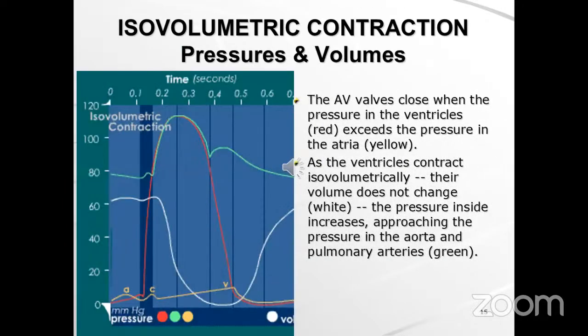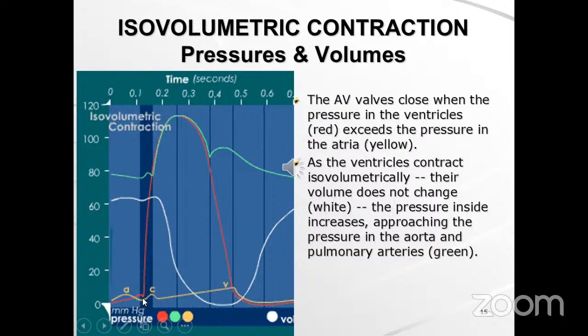So these are the pressure and volume changes, in a very short time interval. The AV valve closes when the pressure in the ventricle, this red line, exceeds the pressure in the atria, that is the yellow line.